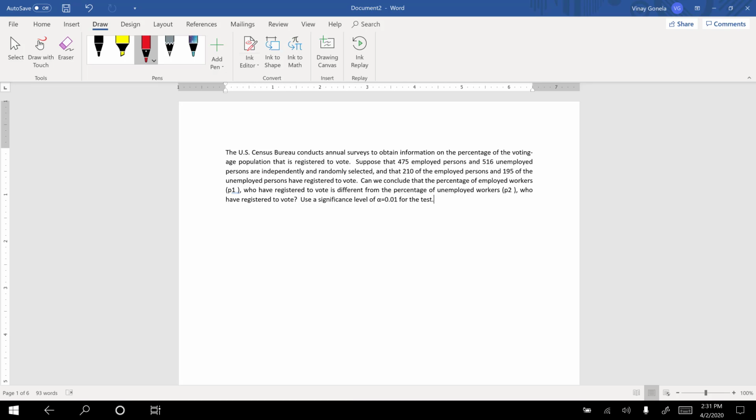The percentage of employed workers is represented by p1, so I will write that p1 is employed and p2 is unemployed. This is a hypothesis testing problem because they are asking us to prove a hypothesis.